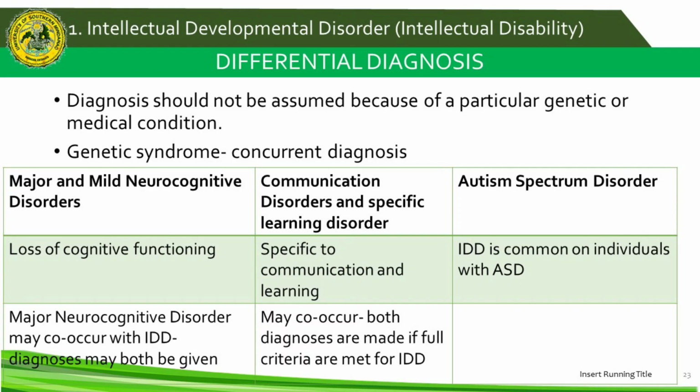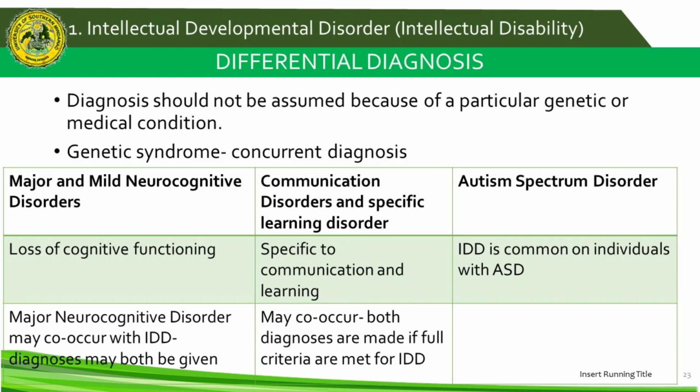So first, we have the major and mild neurocognitive disorder. So it includes loss of cognitive functioning. So if major neurocognitive disorder occurs, both diagnoses of disorders may be given. Also, both neurocognitive disorder and intellectual developmental disorder diagnosis can be used if diagnostic criteria are met for intellectual developmental disorder.